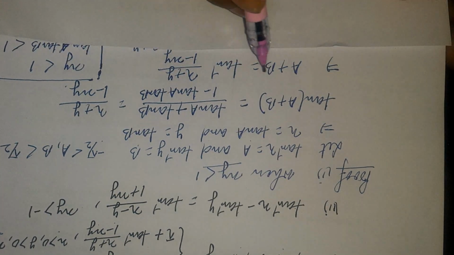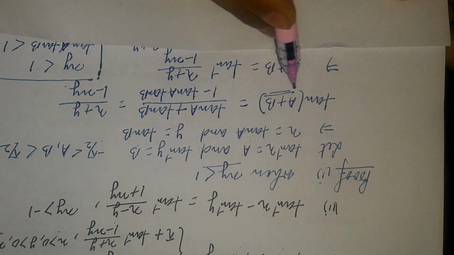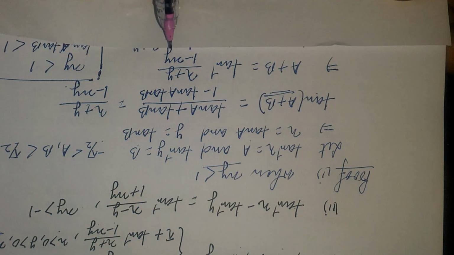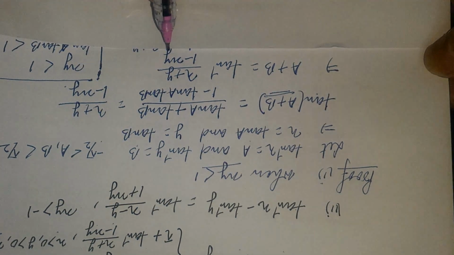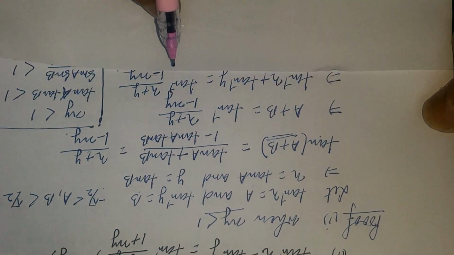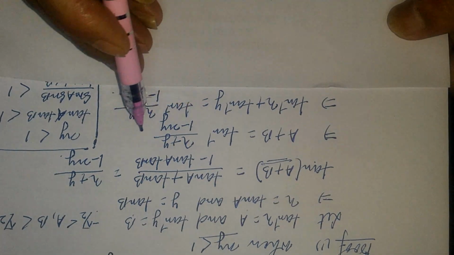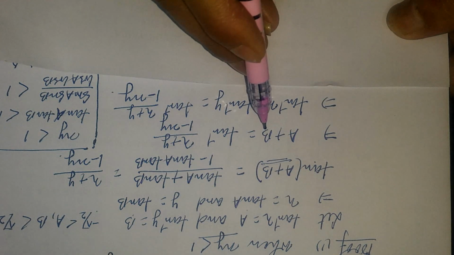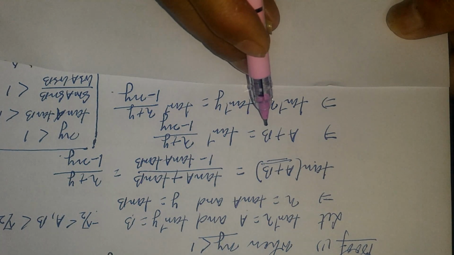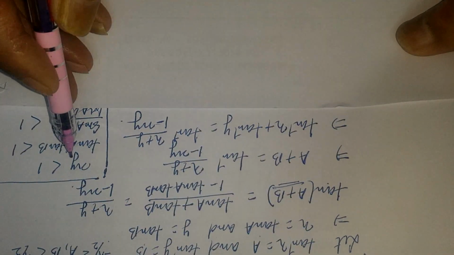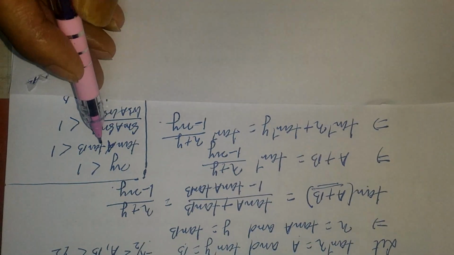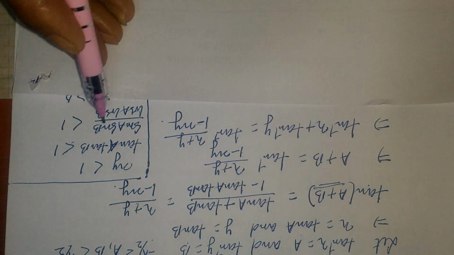Now whether we can transfer this tan to this side, that we have to see. For doing that, we need to check whether this a plus b is from minus pi by 2 to pi by 2 or not. So we know xy is less than 1, so it means tan a tan b is less than 1, and tan a is what?